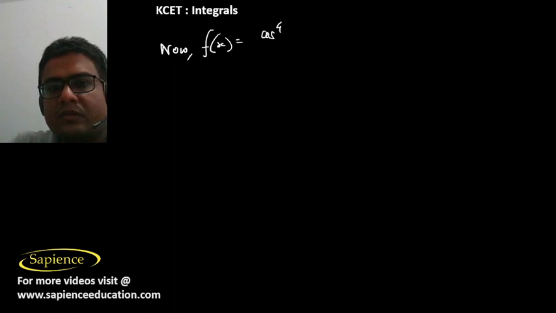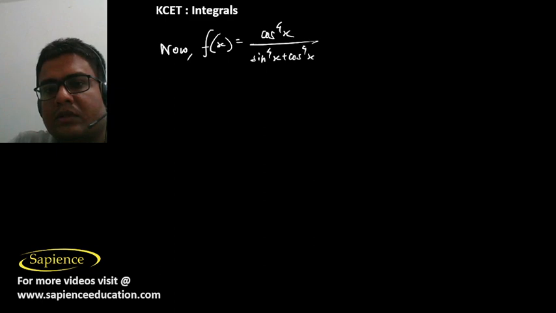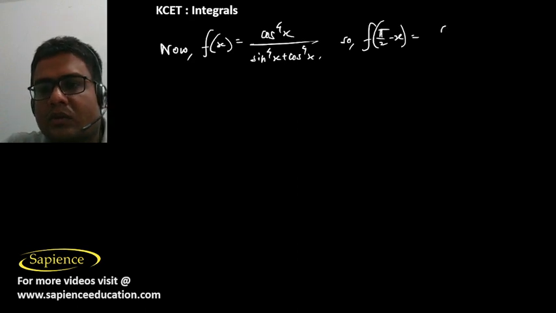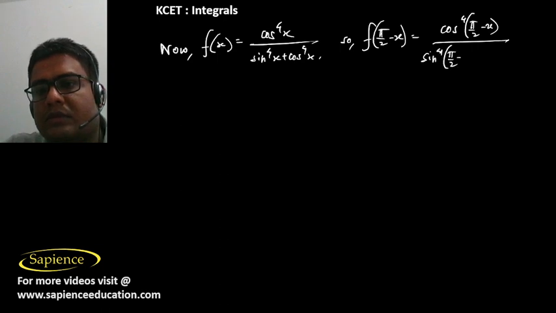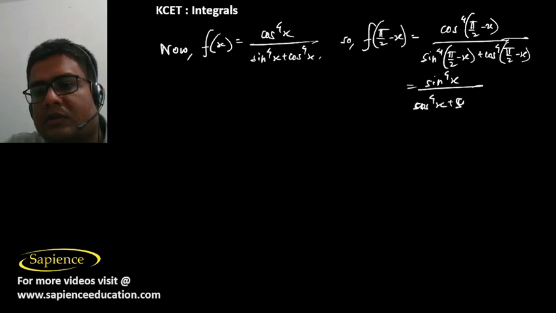Now here f of x is equal to cos power 4x by sine power 4x plus cos power 4x. So f of pi by 2 minus x will be equal to sine power 4x by cos power 4x plus sine power 4x.